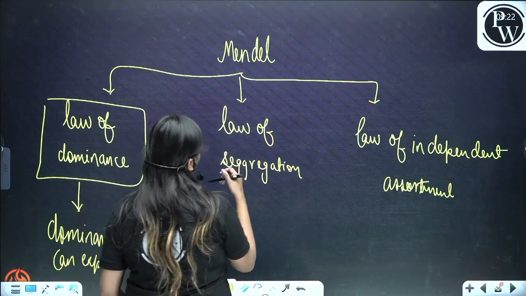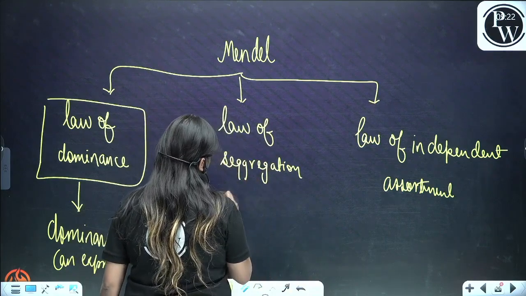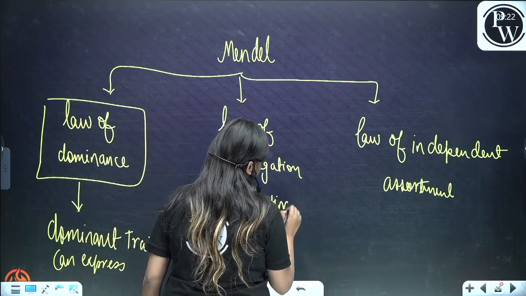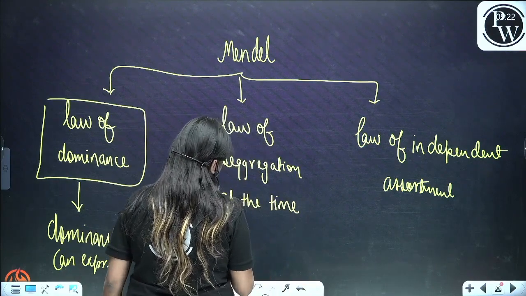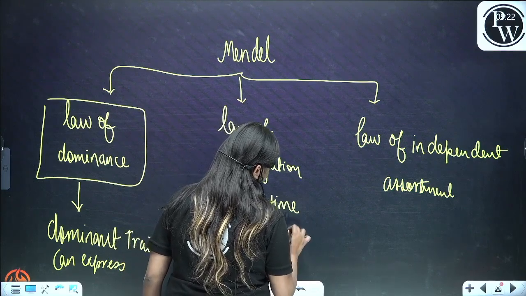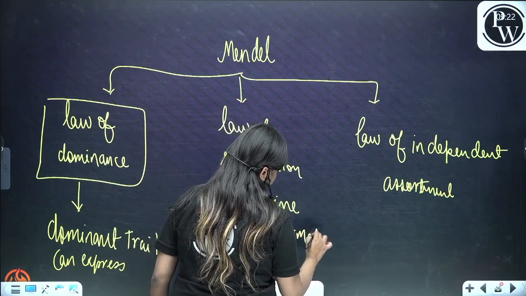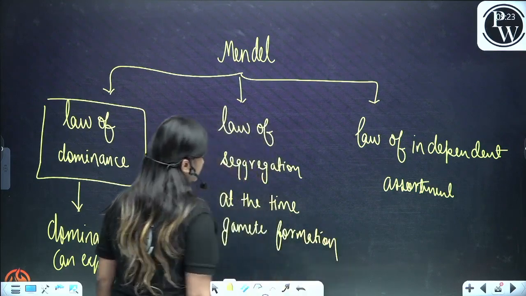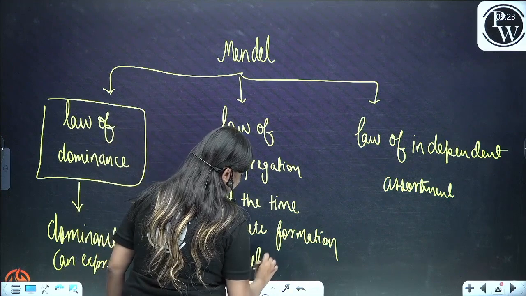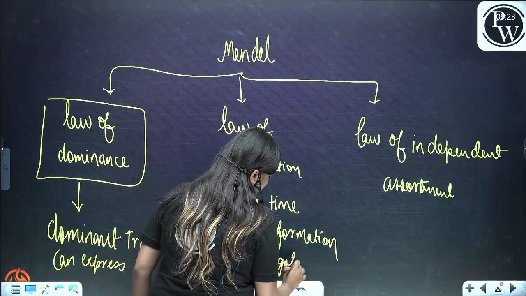So after some time, what is the law of segregation? At the time of gamete formation, alleles get separated.